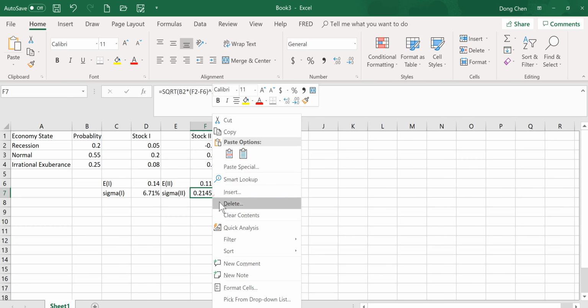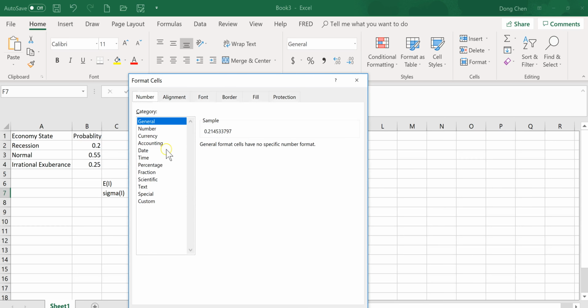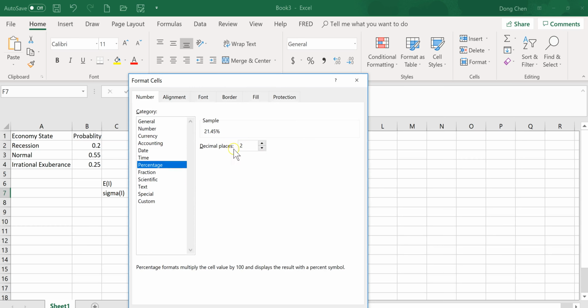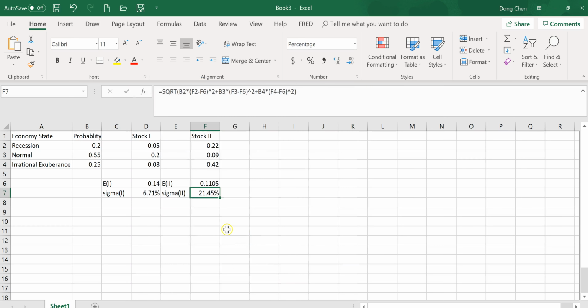Again, we need to change the format to a percentage with 2 decimal places. So that's the first part, and we have calculated the standard deviation.